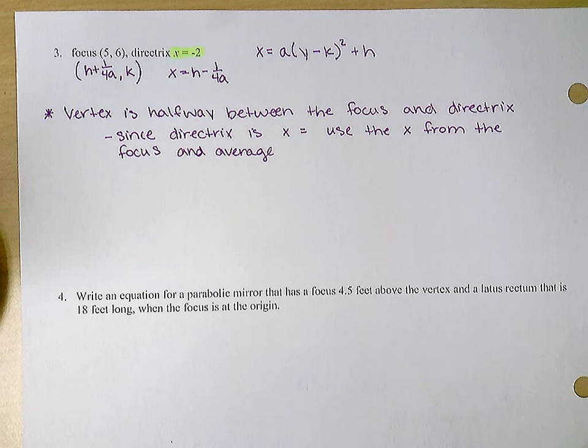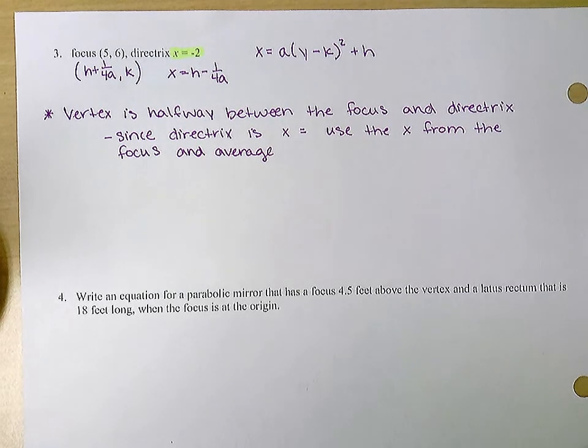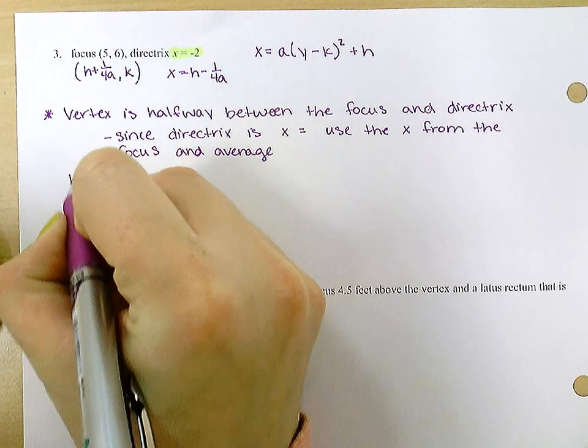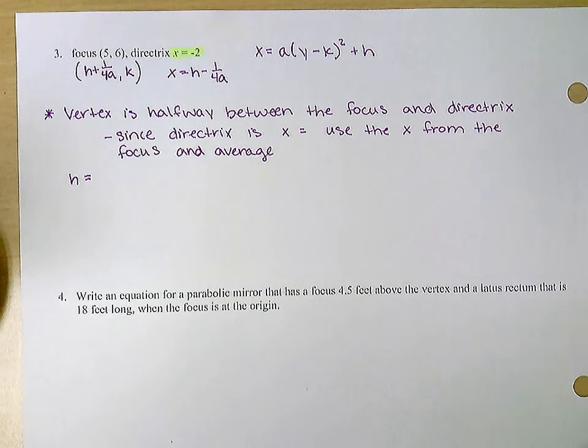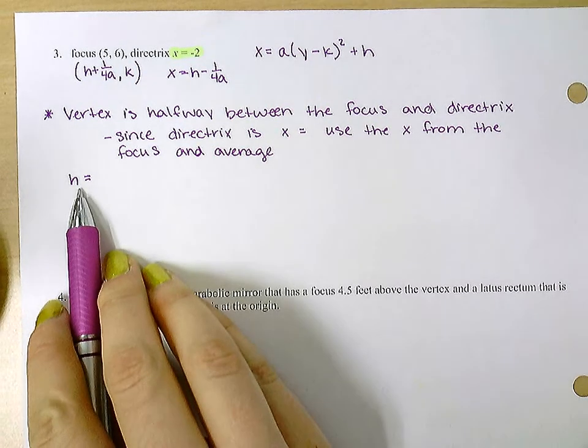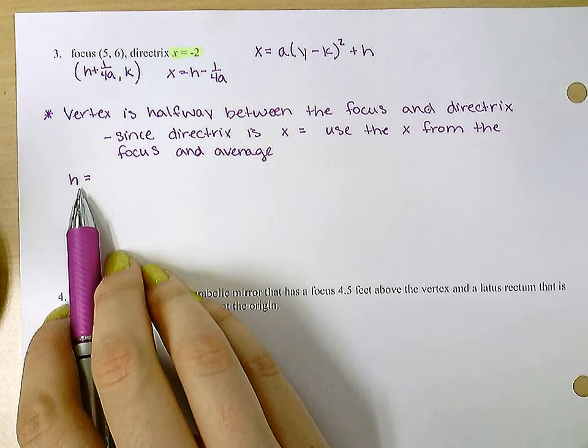Okay, so we're going to average those two x values to get h. Okay, so averaging our x's, that'll give us h here.